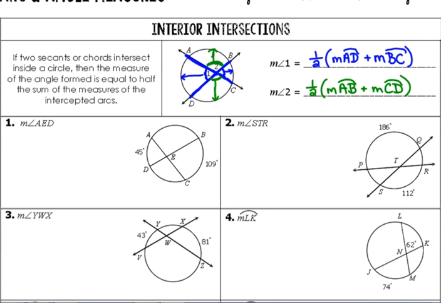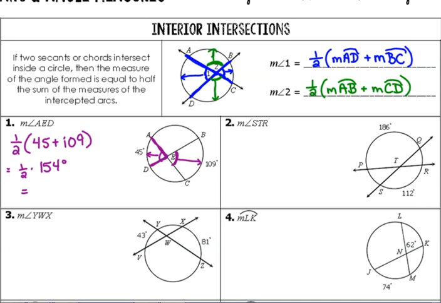So let's look at number 1, the measure of angle AED. I encourage you, you've got it right in front of you, trace it out. AED is this angle right here. So it goes to that 45, and it also goes to that 109. So it is 1/2 of the 45 plus the 109. 45 plus 109 is 154.